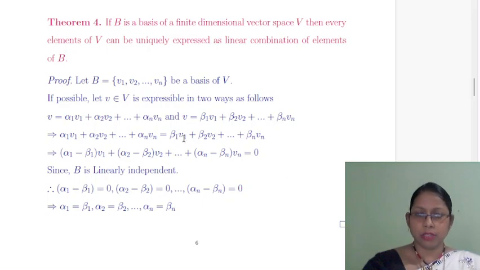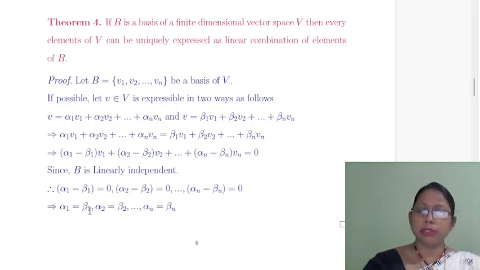Next step, we take these elements to the left hand side, then rearrange the terms. We will get alpha 1 minus beta 1 times v1 plus alpha 2 minus beta 2 times v2 plus ... plus alpha n minus beta n times vn is equal to 0. Since B is linearly independent, these scalars are all 0. That is, alpha 1 minus beta 1 is equal to 0, alpha 2 minus beta 2 is equal to 0, ..., alpha n minus beta n is equal to 0.